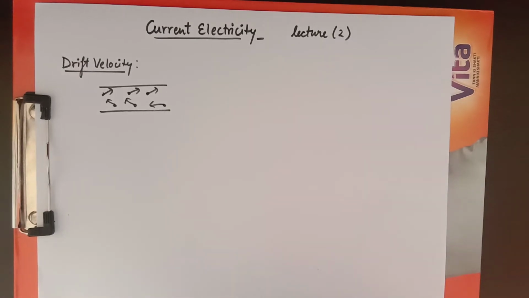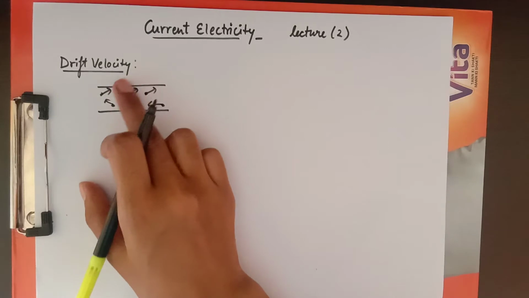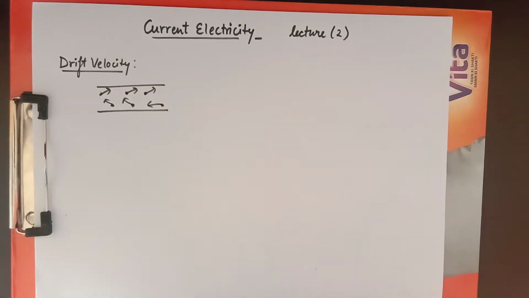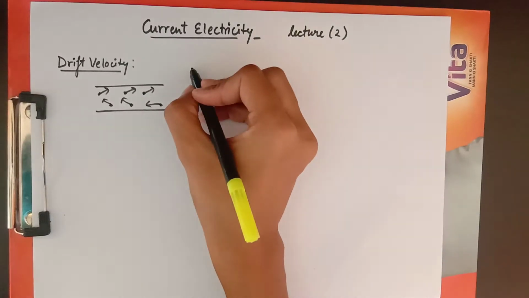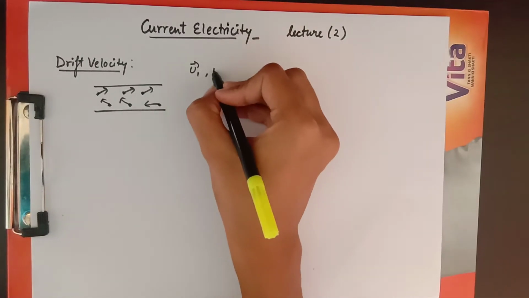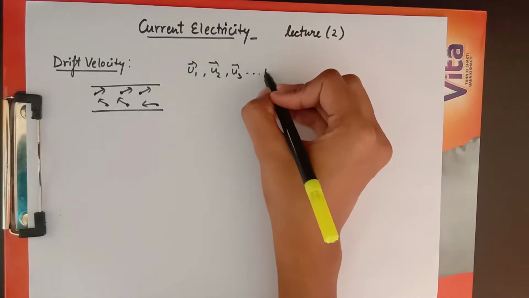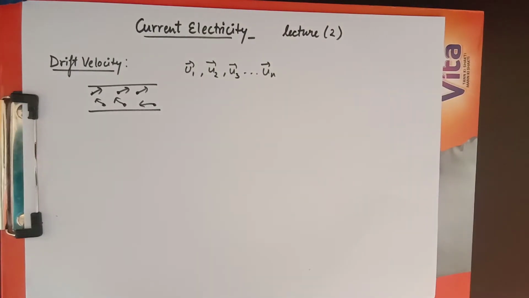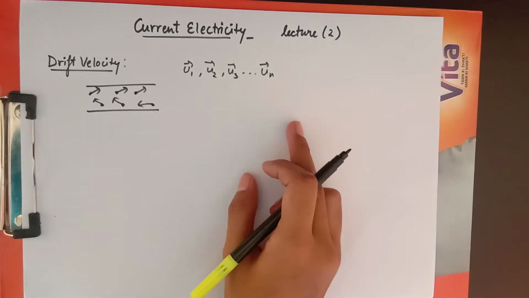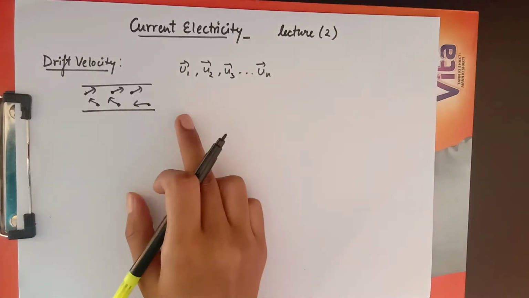So the velocity which the free electrons have at room temperature is called their thermal velocity. Suppose there are n free electrons, and U1, U2, U3 and so on up to Un are their thermal velocities.